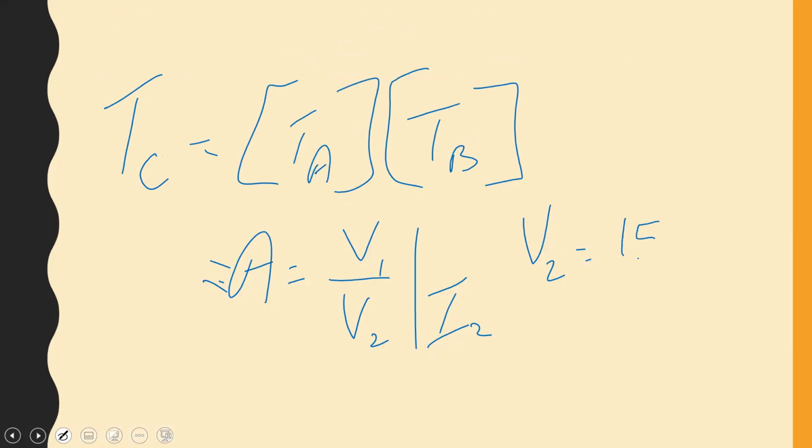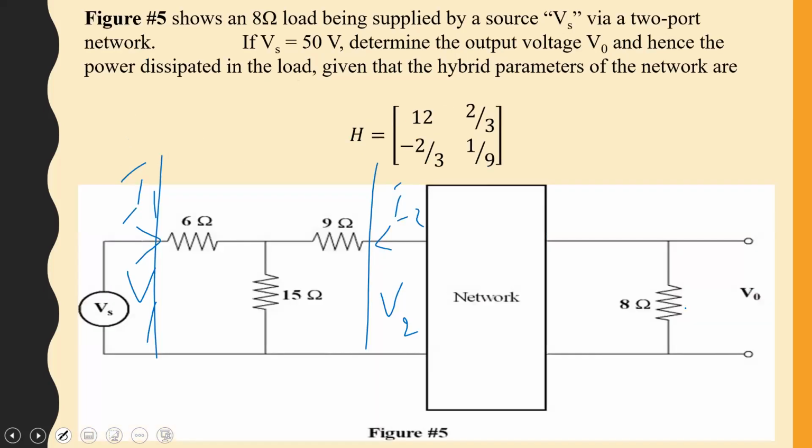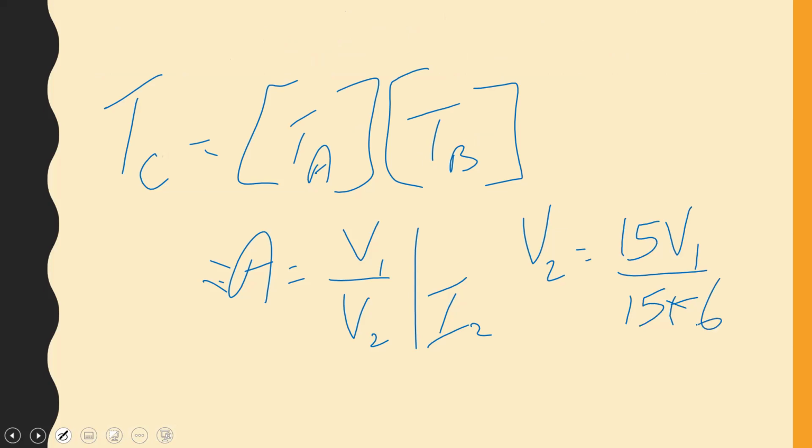Yes, sir. V1 times 15 over 15 plus 6. So from that, we get 21 over 15. So A is 21 over 15.